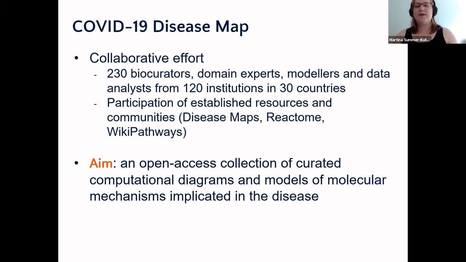This was the first time where we got a really huge group of researchers together, and they collaboratively worked on this disease map. So we had biocurators, we had domain experts, we had modelers, we had data analysts. So from all kinds of fields, text mining, everything came together and really participated in establishing this resource and the communities with it.